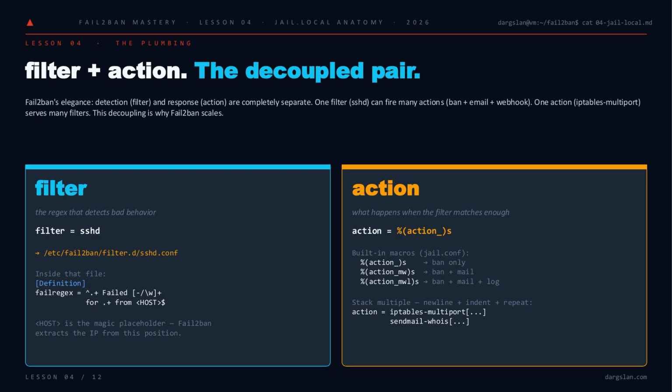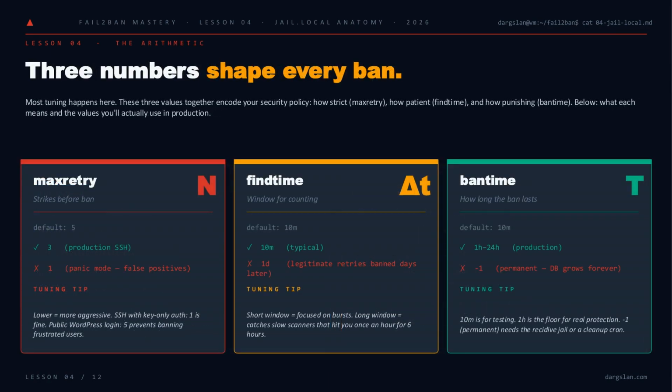With filter and action wired up, you're left with the arithmetic, 3 numbers that quietly encode your entire security policy. Maxretry is how strict you are. Drop it to 3 for SSH with key auth, but don't go to 1 unless you enjoy locking out your own users.